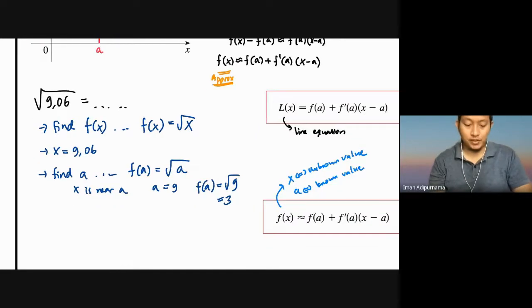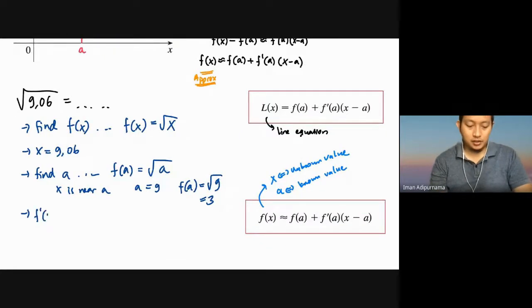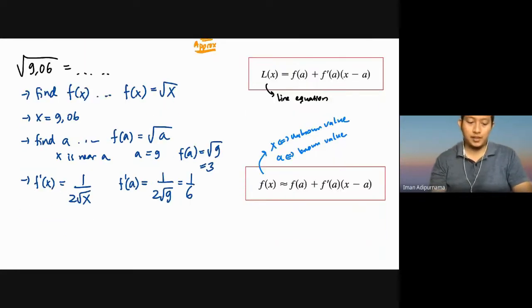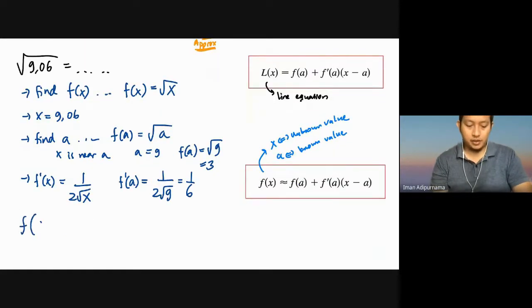Okay. Now find the first derivative. This is just that. And then put in a. We have 1 over 6. And then we can have f of 9.06 approximately f of a, which is 3, plus 1 over 6 times the delta, 9.06 minus 9, which is 0.06.